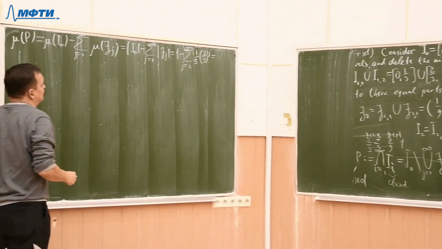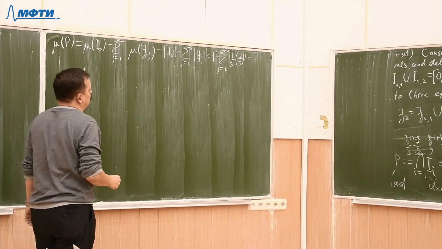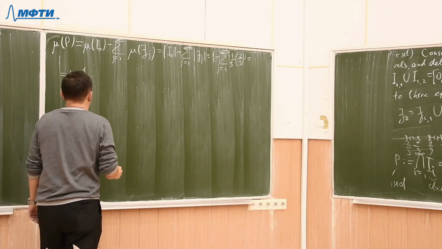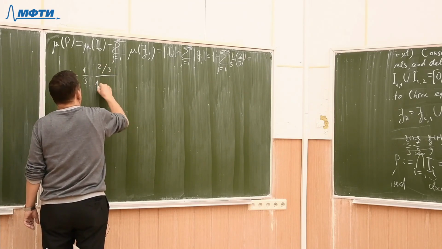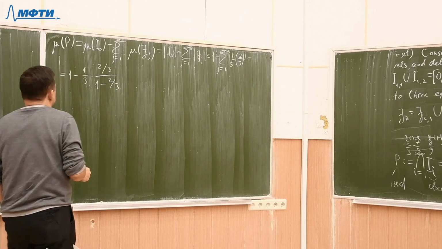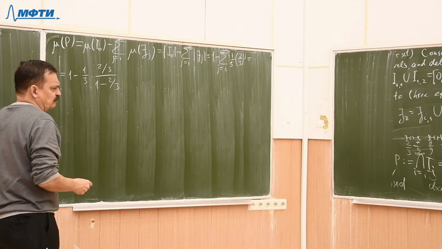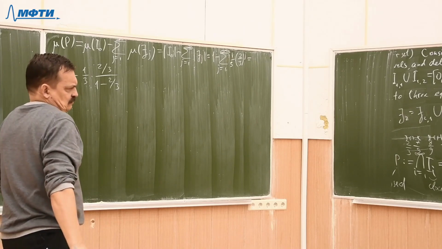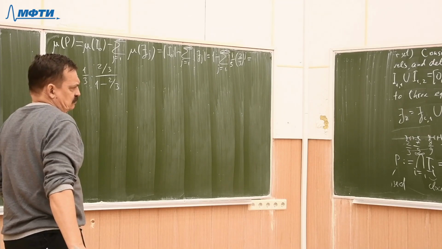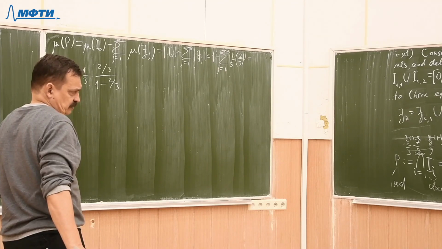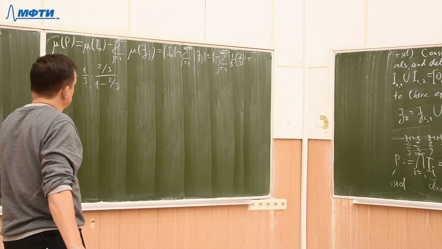1 minus 1/3 times 2/3, 1 minus 2/3. Is it correct? 1/3, 2 times 1/9, yeah, and 4 times 1/27, 2/3 to the power j.